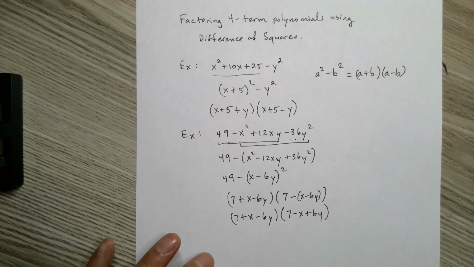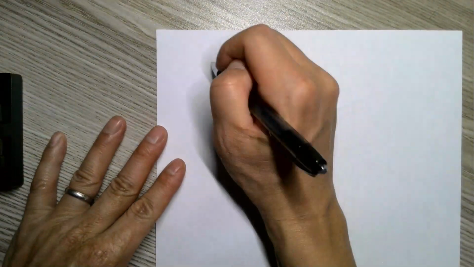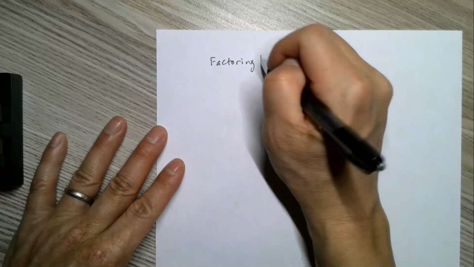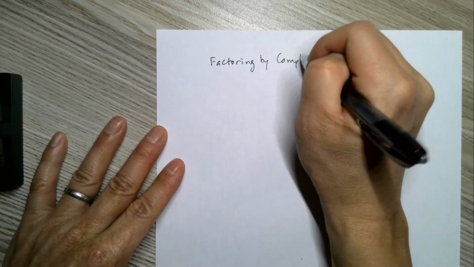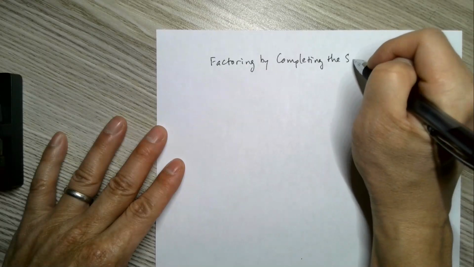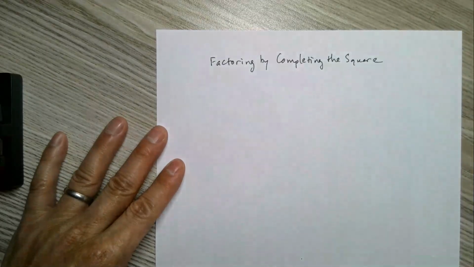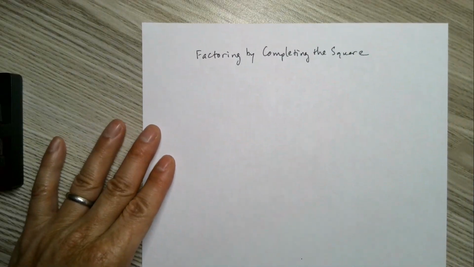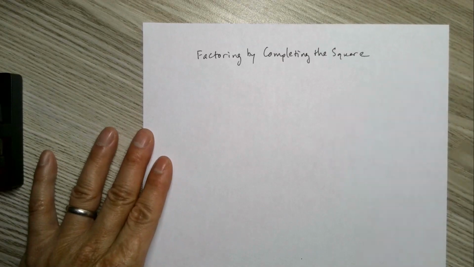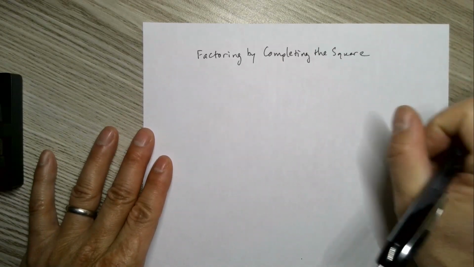Now, the second situation is called factoring by completing the square. Okay, completing the square is an older method that we use to solve a quadratic.